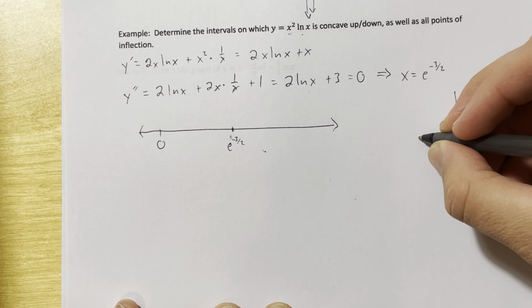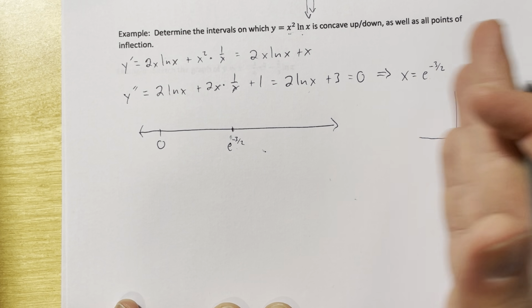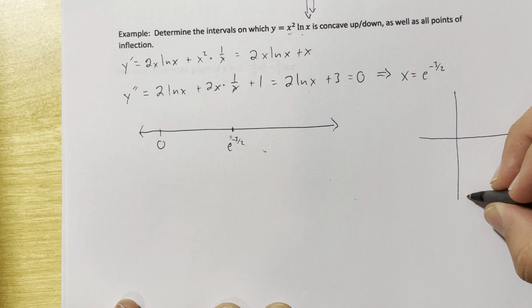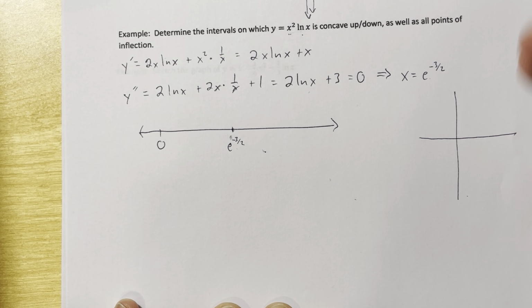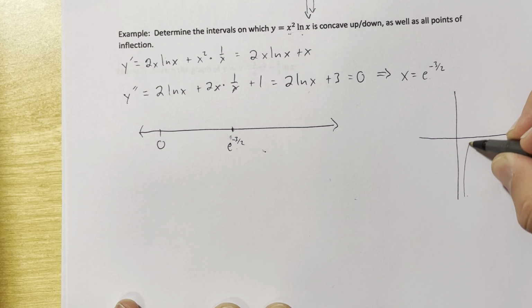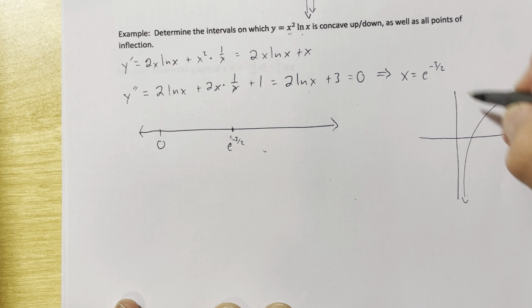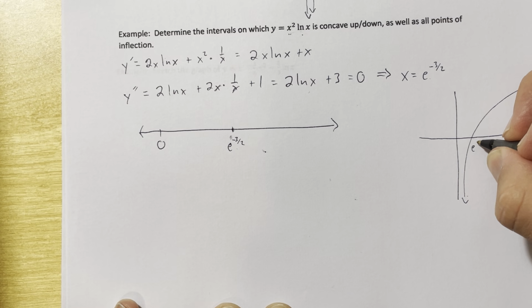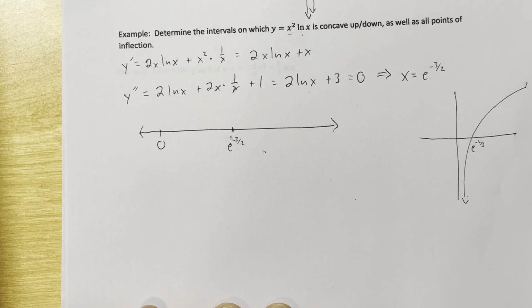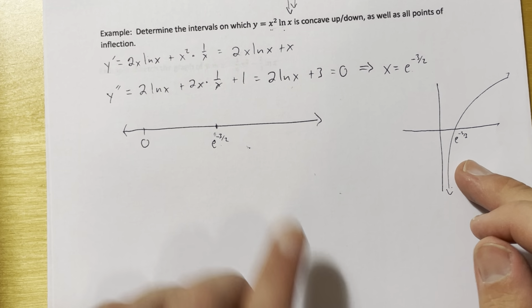There's no reflections there. There's no horizontal shifts left and right. So that means this function is going to look like a natural log function, which looks like that. And we just know that it's equal to 0 here at e to the negative 3 halves. Okay? And this is not the graph of y.